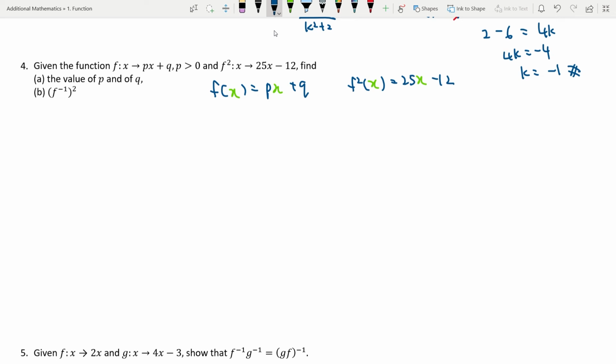A. Find the value of p and of q. Since we are given f and f squared, we need to find our own f squared x. Then we compare the answer we obtain with the given f squared x.